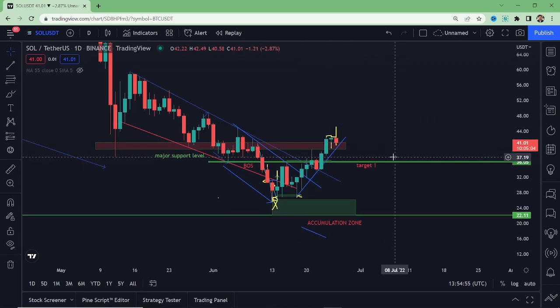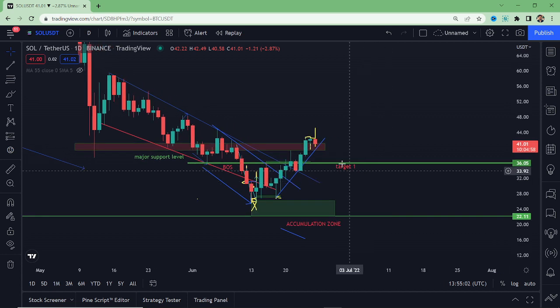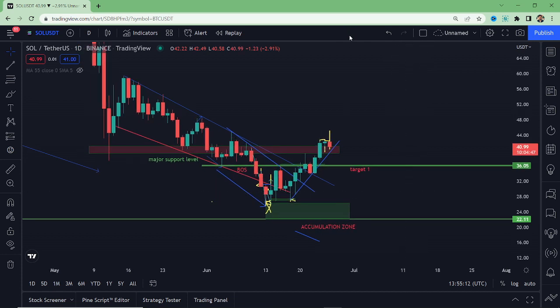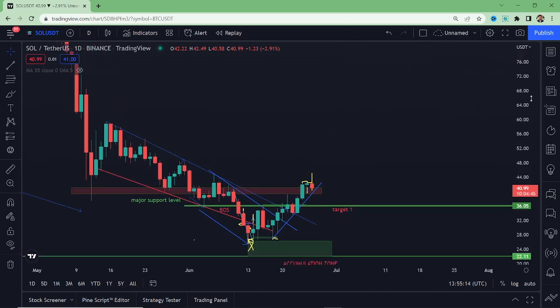However, even on the daily time frame, there should be a retracement at least to this place. It should come back to a previous order block for another good entry. For the shorter time frame, we have already done the entry, but for longer time frames, we need another confirmation. So I think that will be it for Solana.